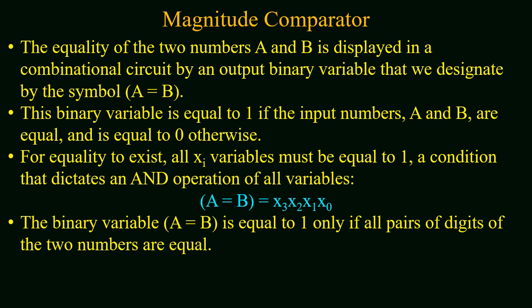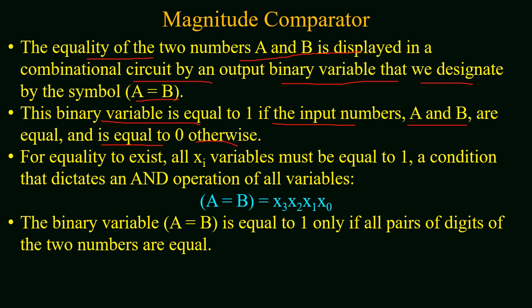The equality of two numbers A and B is displayed in a combinational circuit by an output binary variable we designate by the symbol A equals B. This binary variable is equal to 1 if the input numbers A and B are equal, and is 0 otherwise.